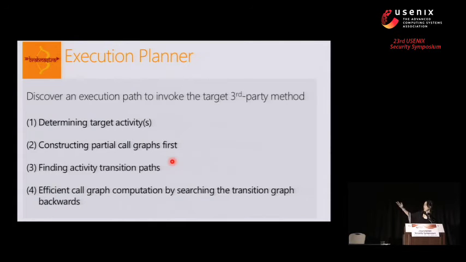The part that does static analysis and builds these call chains, we call the execution planner. Like I said, we first find these target activities. That's relatively straightforward. The hard part is to construct the call graphs and activity transition paths, and then get those call chains.